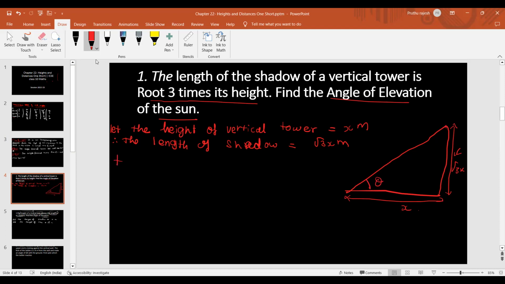So tan theta equal to perpendicular by base, that is x by root 3 times x, that is equal to 1 upon root 3. So we got the value as tan theta equal to 1 upon root 3.